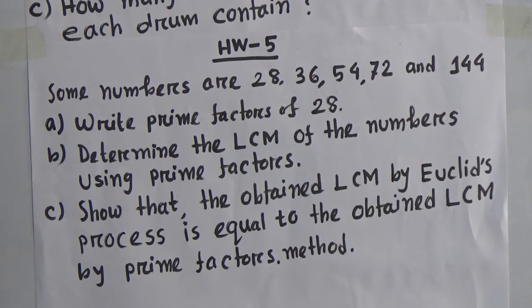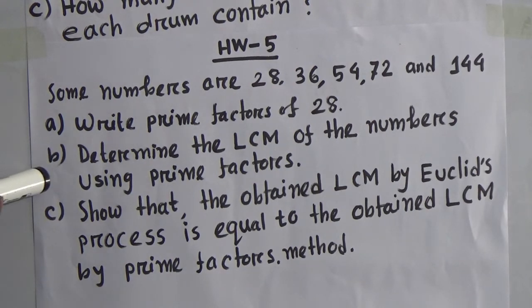B number. Determine the LCM of the numbers using the prime factorization. Prime factors. Okay. C number. Show that the obtained LCM by Euclid's process is equal to the obtained LCM by prime factors method. Student, it is obviously equal in Euclid method and in prime factor method. Okay.